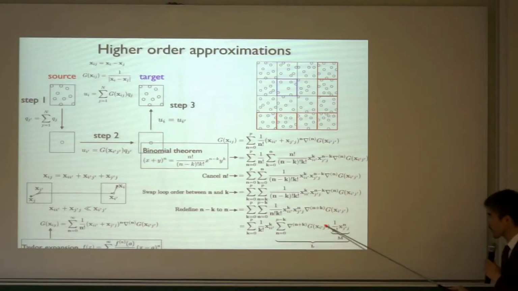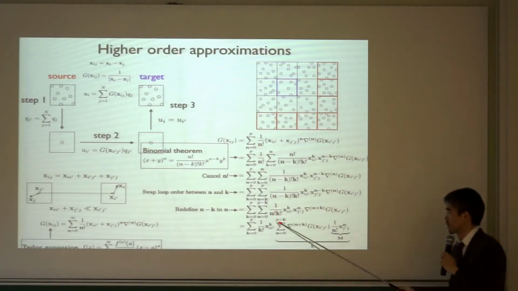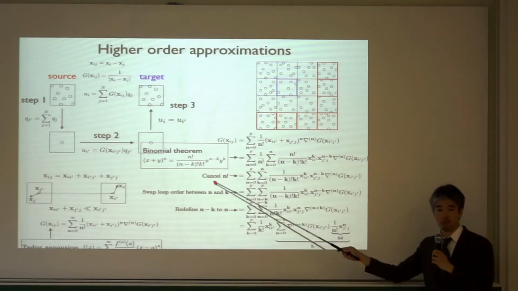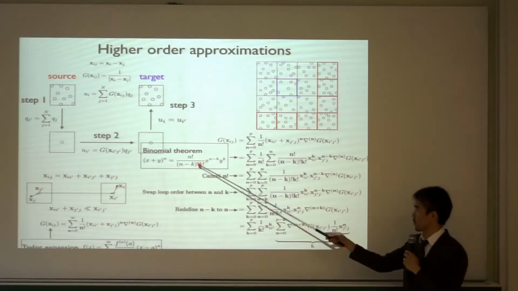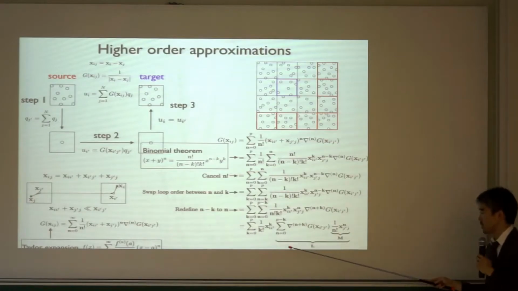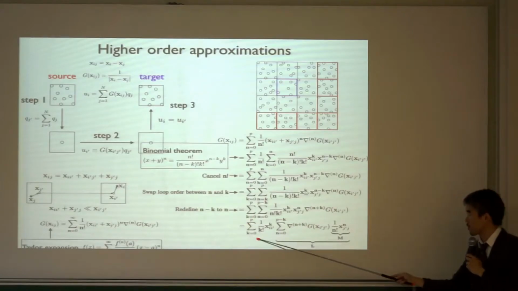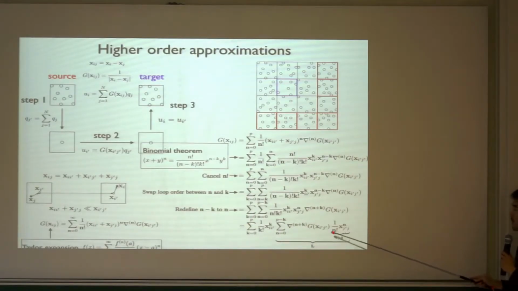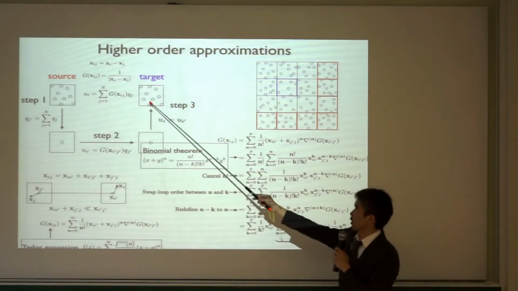Now, if everyone agrees that this has turned into this with very simple mathematical manipulation, no advanced math involved here, just the binomial theorem, canceling, and redefining variables. Very basic undergraduate level math can give you this equation. The significance of this is this term here being multiplied with q, because this is g and we multiply q to g.